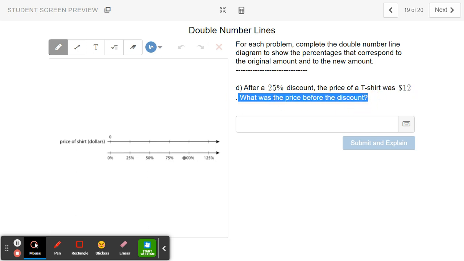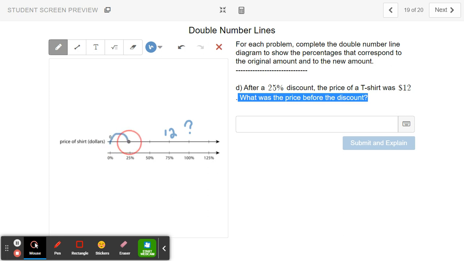So this time I'm actually starting by putting my question mark here because I want to know what's the price before the discount. I also know that there was a 25% discount. So here's 75%, right? That's minus 25. And we know that that price was 12 after the discount, right? So basically we got to figure out how much are each of these jumps, okay?